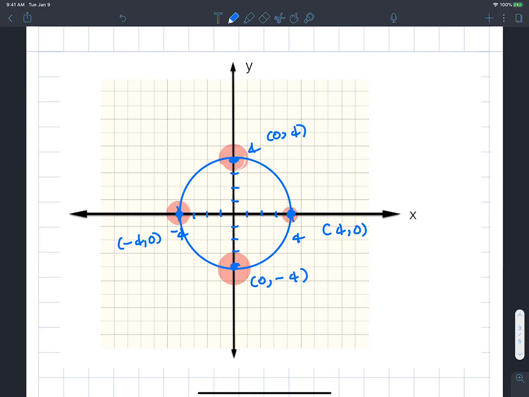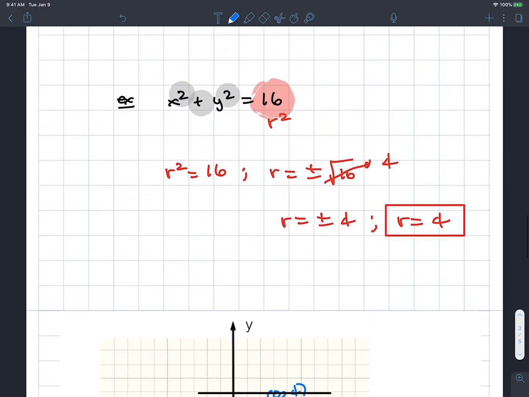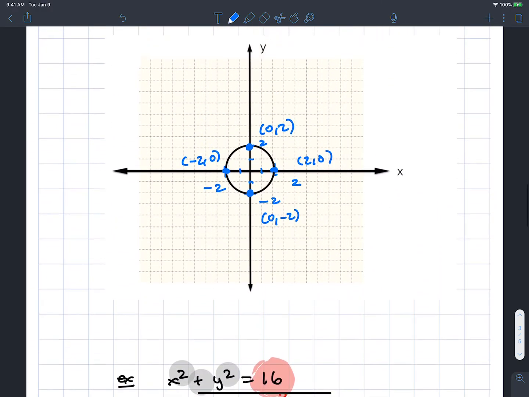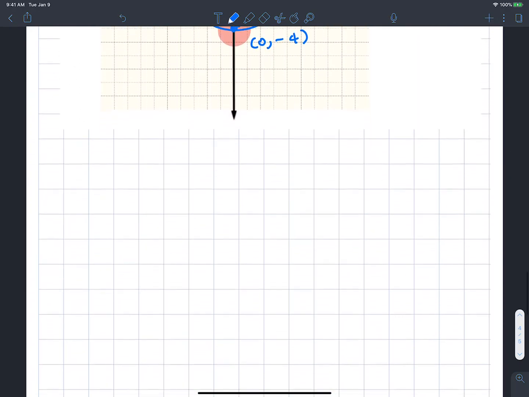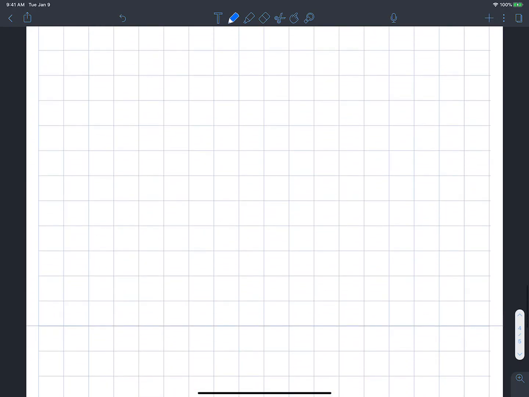And so all these values on the circle, these coordinate values x, y, satisfy the equation of a circle. And this is how we go about sketching, ladies and gentlemen. So we're sketching circles centered at the origin. And then, for example, I might say to you, x squared plus y squared is 1.